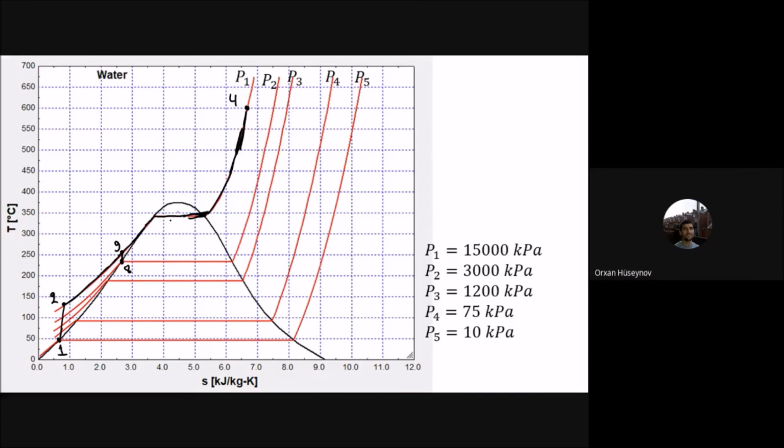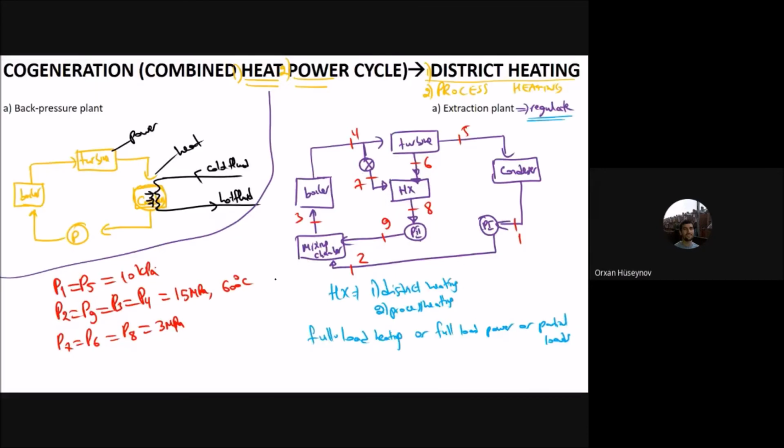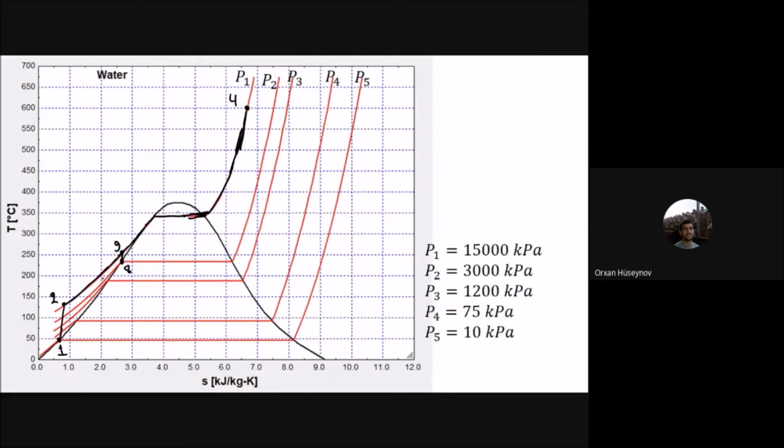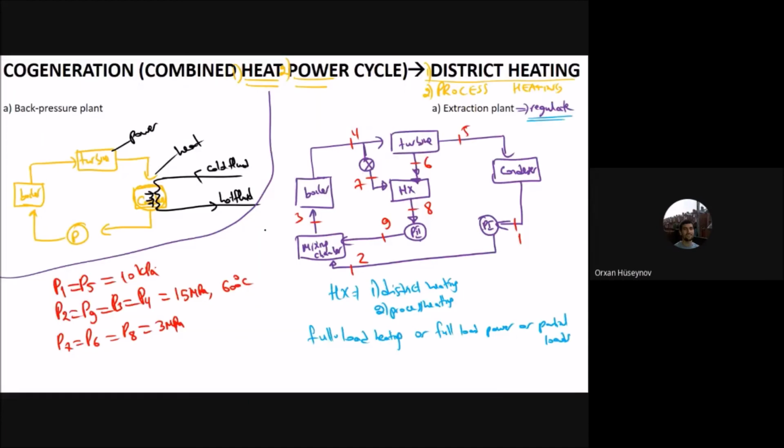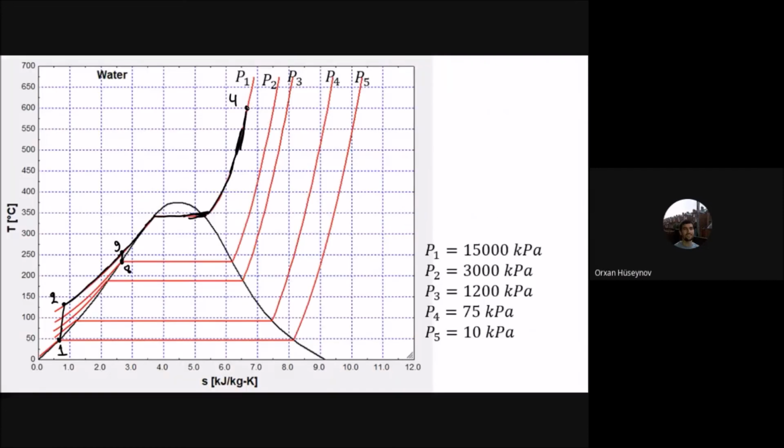This is from 2 to 4. I've just not added the points here, that you can have 3 here, you can have 4 here, and the 9 here. So 9 is there, 3 and 4 are not here, I will add them later. And then from 4 to 5, you have the turbine, so it is isentropic, and 5 is the inlet of the condenser. You will have this 4 to 5.